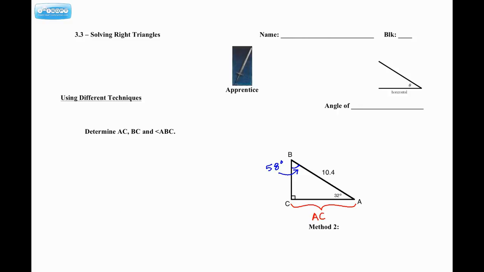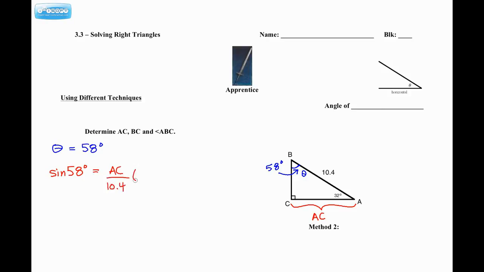Okay, so here, I'll just keep this in blue. So theta was 58 degrees. So let's label that here. That was theta. So the sine of 58 degrees is opposite over hypotenuse.